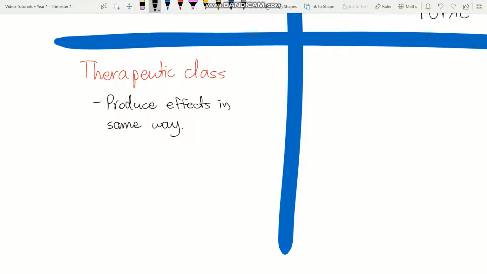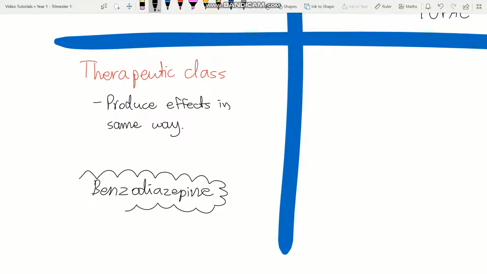The therapeutic class for diazepam is benzodiazepine. This means that all drugs that are under this benzodiazepine title will have the same method of action.